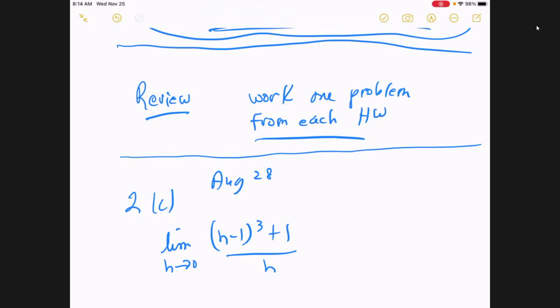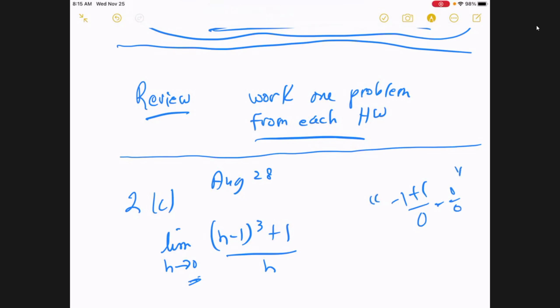Okay. Now, if a function is continuous at a number, well, the number involved here is 0. If it's continuous at 0, you can use direct substitution, right? You can just plug in 0 for h. Well, this function is not continuous at 0. If you plug in 0 for h, you would get minus 1 plus 1 over 0, which is "0 over 0."